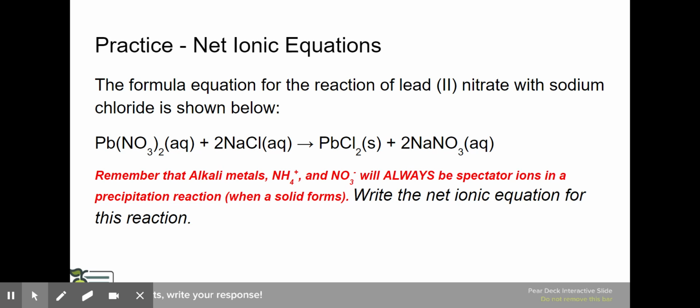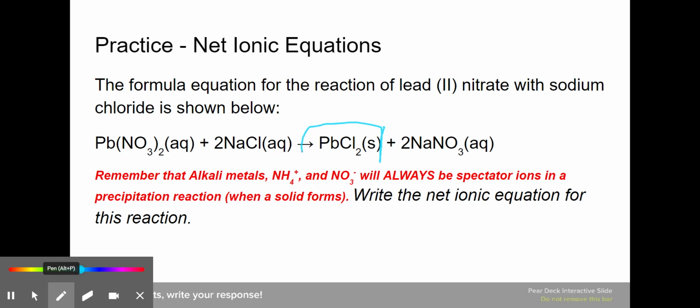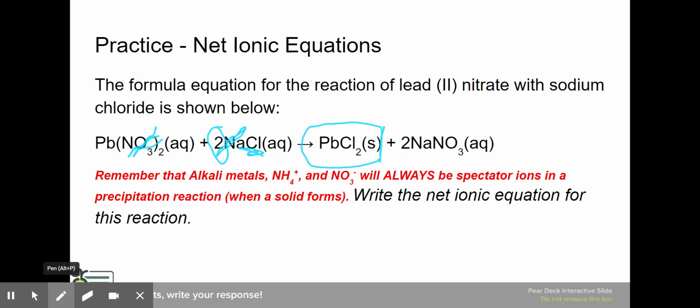So I go right to the equation. I find my precipitate. It looks like it's made of lead and chloride, I should say. So the sodium and the nitrate are going to be gone when this is all done. Okay. Now you'll notice there's a 2 in front of the sodium chloride to get this balanced. Okay. So that means I'm going to need 2 chloride ions. So after I get rid of the nitrate, I now have a lead ion.